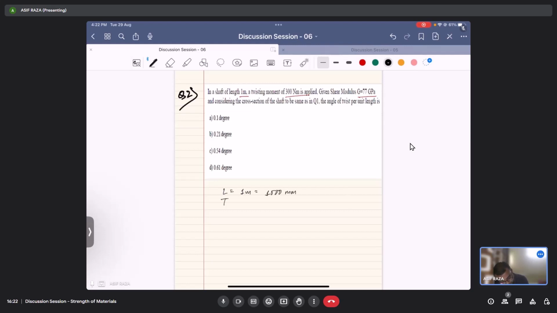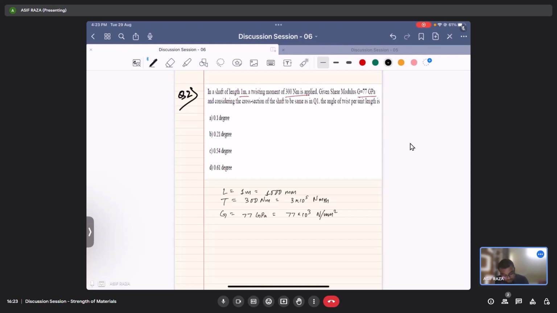Then twisting moment T is 300 Newton meter, that would be equal to 3 into 10 to the power 5 Newton millimeter. Then shear modulus is 77 gigapascal, that would be equal to 77 into 10 to the power 3 Newton per mm square.